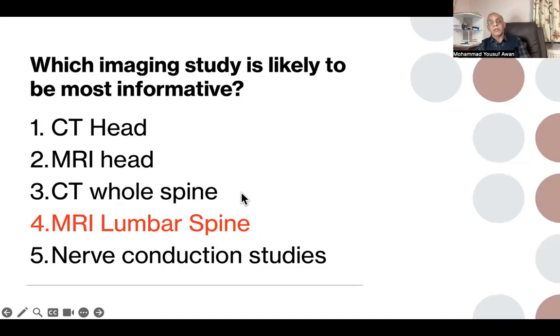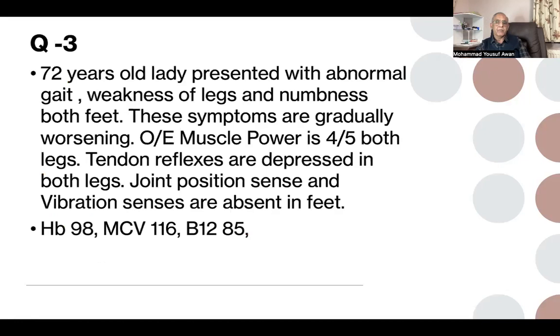CT whole spine could be done, but to be more specific it's a lumbar region problem. So below L2, 3, MRI lumbar spine is the best investigation in this patient. Nerve conduction studies are done when there's a problem with peripheral nerves, the neuromuscular junction, or the muscles.